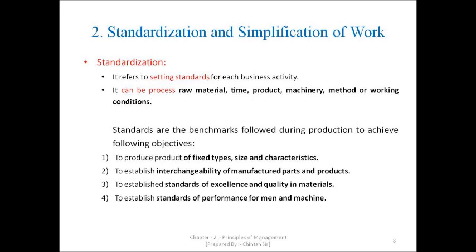It can be process, raw material, time, product, machinery, method, or working conditions. Standards are the benchmarks followed during production to achieve the following objectives. Number 1, to produce products of fixed type, size and characteristics.